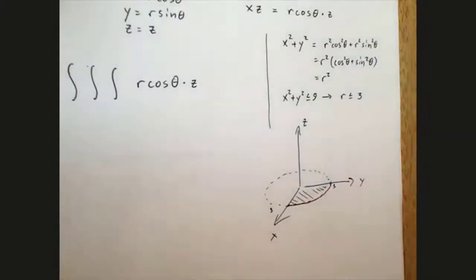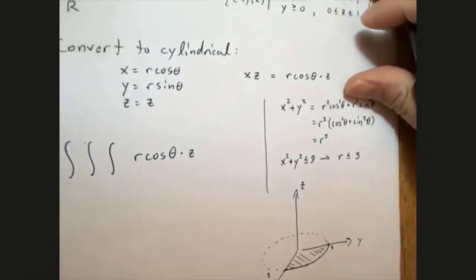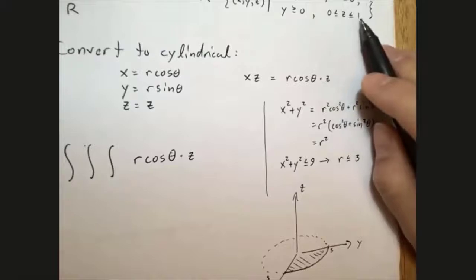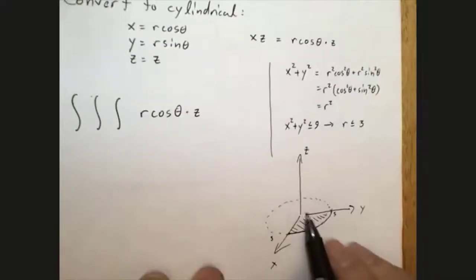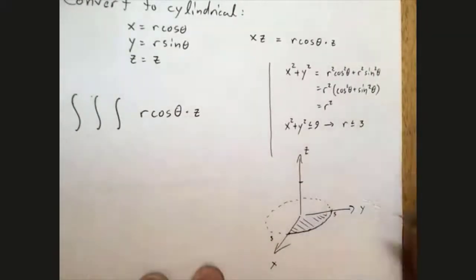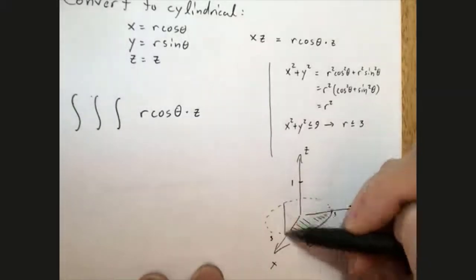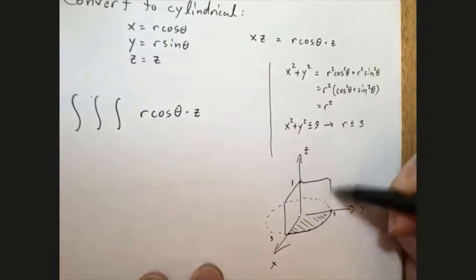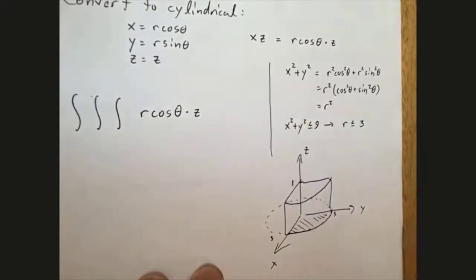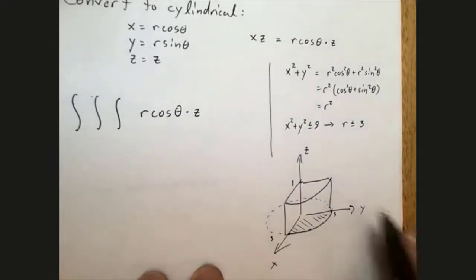And then finally, z is going from 0 to 1. So we're going to start down here at 0 and go up to 1 on the z-axis. Right, so just lift all that up. This is the region that we're dealing with.